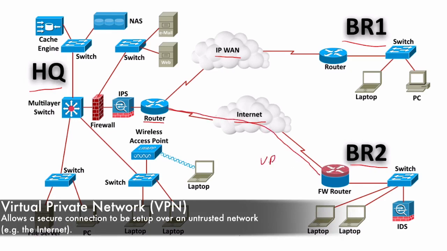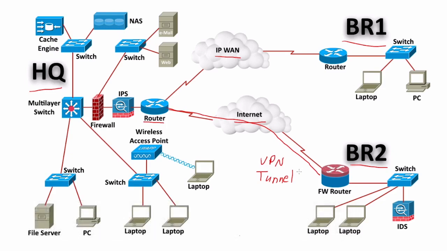We could have a virtual private network tunnel that can securely connect these two locations. Traffic flowing over that tunnel can be encrypted. So if some bad person on the internet were to intercept that data, they wouldn't be able to read it because it would be all scrambled up. And we could also get some assurance, thanks to this VPN tunnel, that the data had not been corrupted in transit.